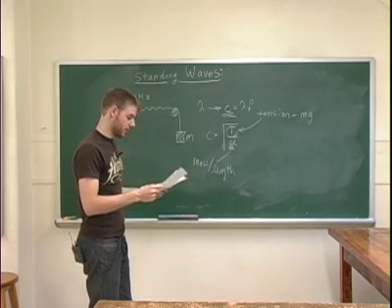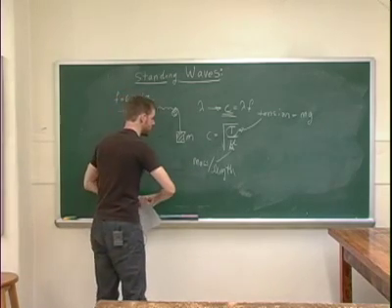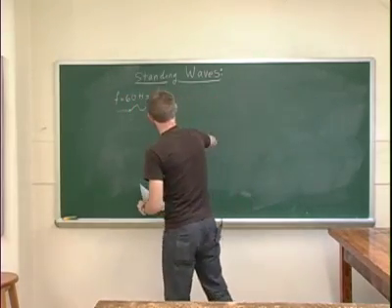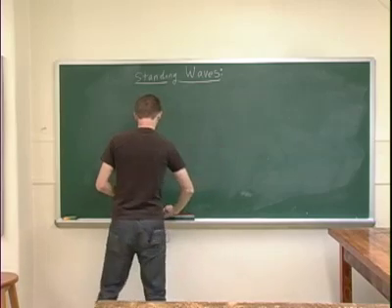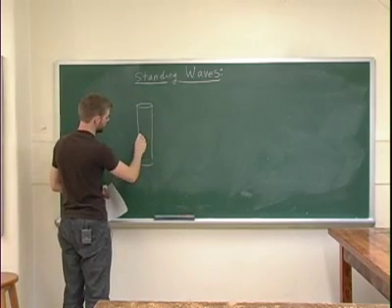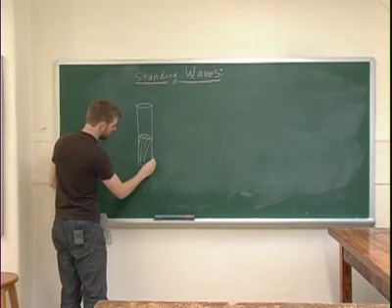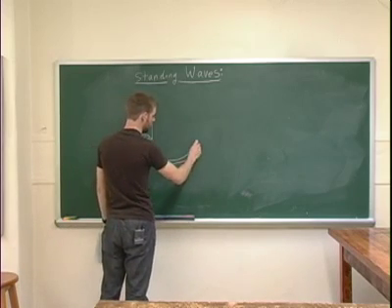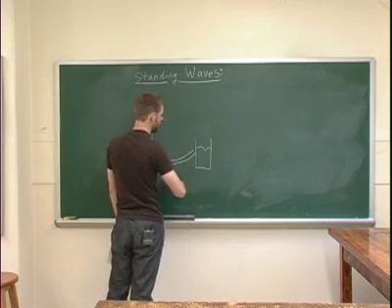The second part of this experiment is about sound waves. So we're going to have a tube that's going to be partially filled with water, say up to some level here. This is all water. And there's going to be a little tube sticking out of here into a container of water.